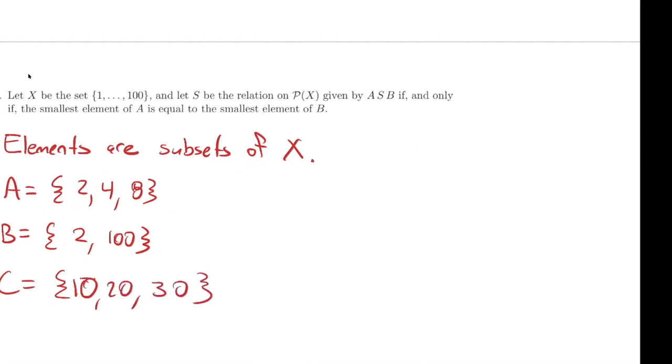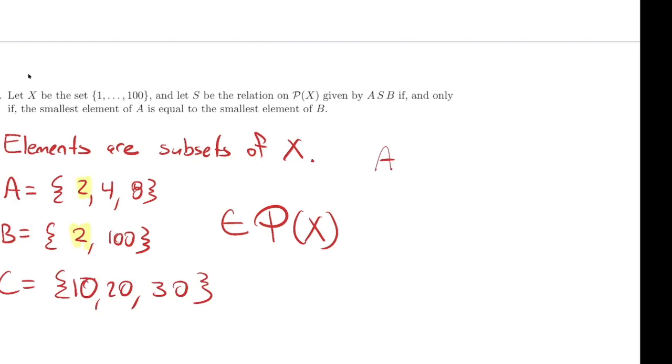Okay, so just to say, let's say we have these three sets here. First of all, these are all elements of the power set of X because they're all subsets of X. And so this relation is the smallest element of each. So I would look at A, I would look at B and say, okay, the smallest element of A is 2, the smallest element of B is 2, those are equal to each other.